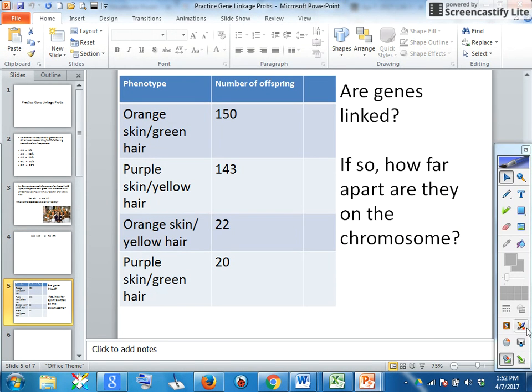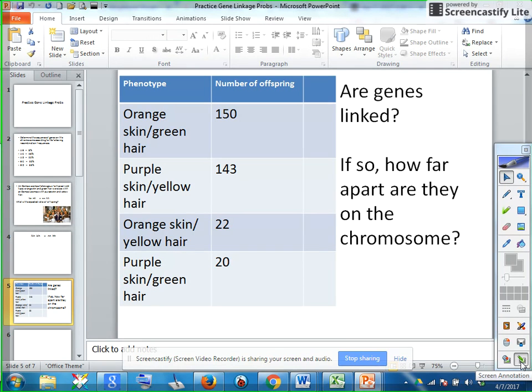Which is here. And we look at our data. Now, honestly, this wasn't just one Oompa Loompa. This is years and years of data from that particular type of cross. And this is what we got. We got 150 that had the dominant orange, dominant green hair, just like the parent genotype.